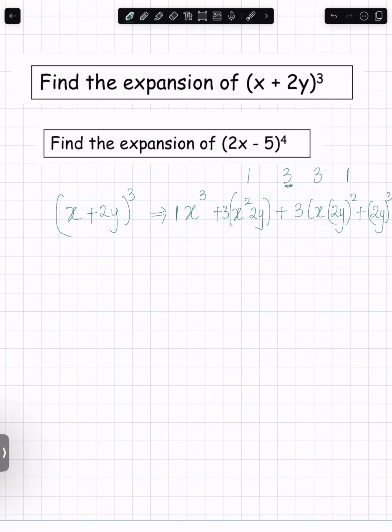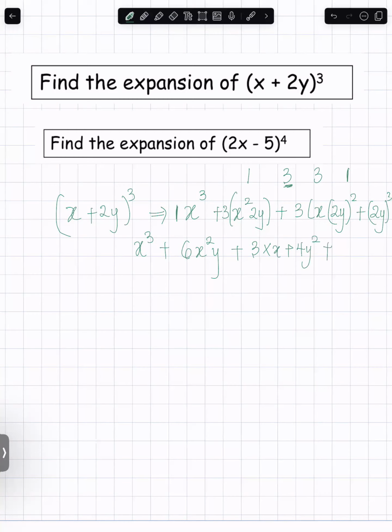Then that means 1 times x cubed is just going to give me x cubed plus 3x squared times 2y will just give me 6x squared y. Then we have 3 into x. 2y squared, that is 2y multiplied by 2y gives me 4y squared. So then we have 3 times x times 4y squared.